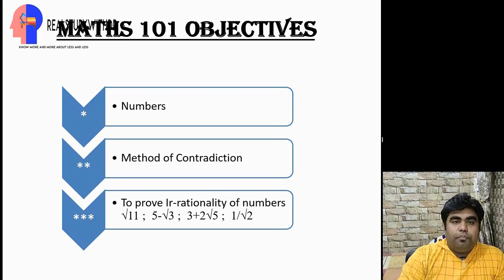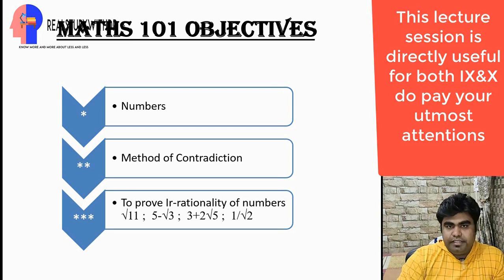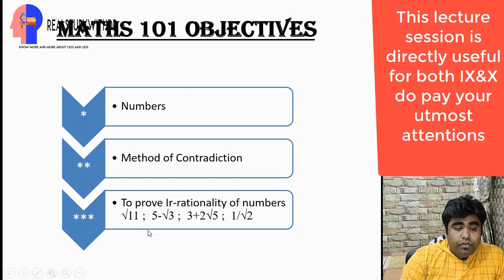Because this topic, the method of contradiction, is part of discrete mathematics, and discrete mathematics in India is usually taught in graduation and post-graduation levels, and that too in quite detail. So we are going to see the method of contradiction, and by this method we are going to prove a few of the irrationalities of numbers.